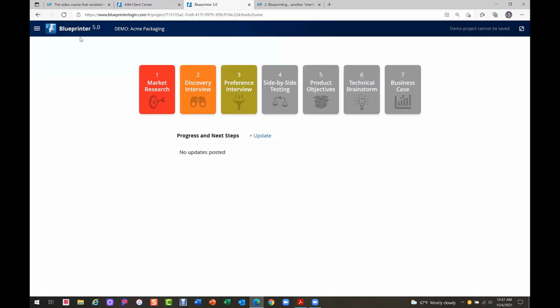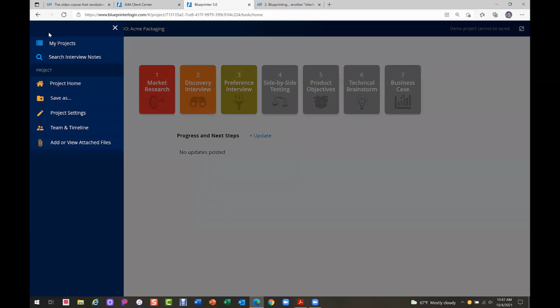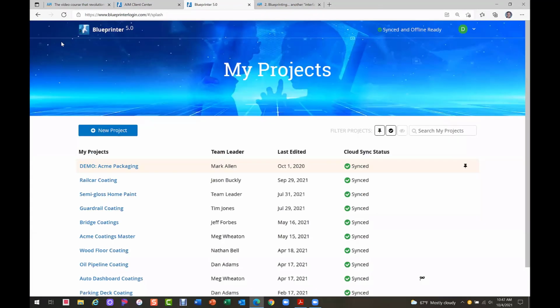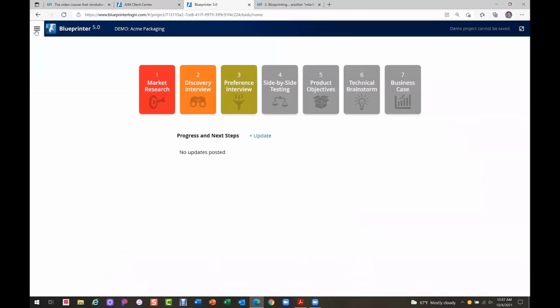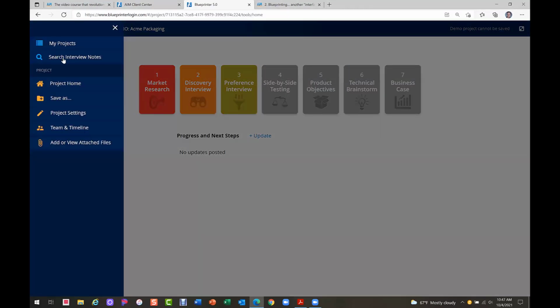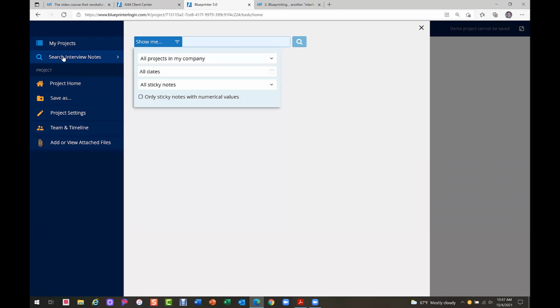and you can go through all of your projects. Oops, sorry, I did that wrong. Hang on a second. You can use this search function here to search through many of your projects for certain keywords. Try out some search terms and see what's coming up in those sticky notes.